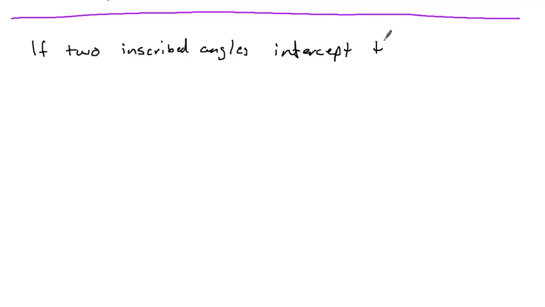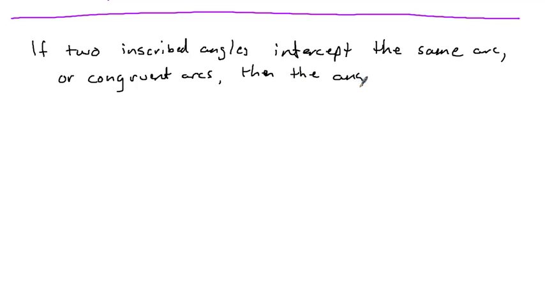All right, we're going to write down another rule about inscribed angles. This one says if two inscribed angles, and it'll make so much sense when we draw the picture. If two inscribed angles intercept the same arc, or congruent arcs, then the angles are congruent.